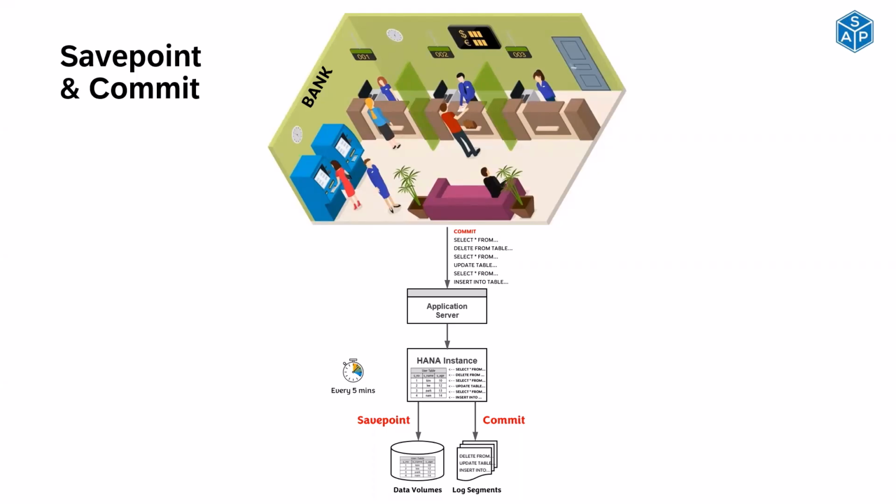When the commit command goes to the database, the commit is triggered. All the information from your data buffer and log buffer is written to your log segment in the hard disk. Only then will the front end PC receive an acknowledgement that the transaction has been saved.